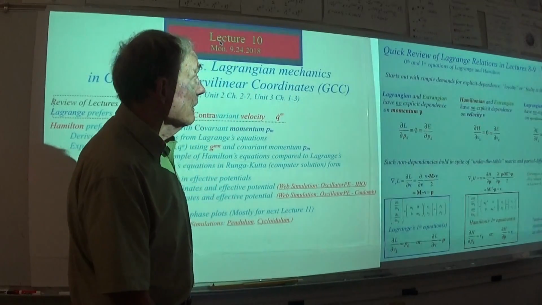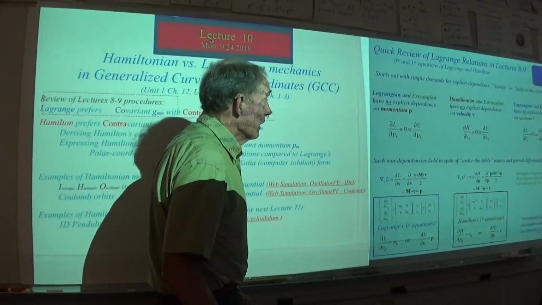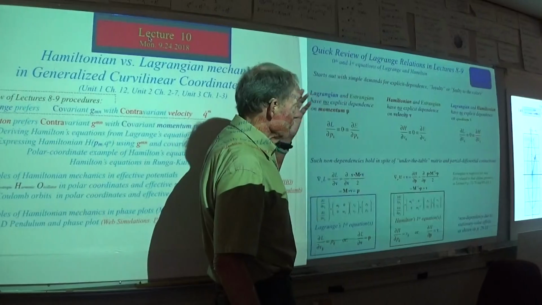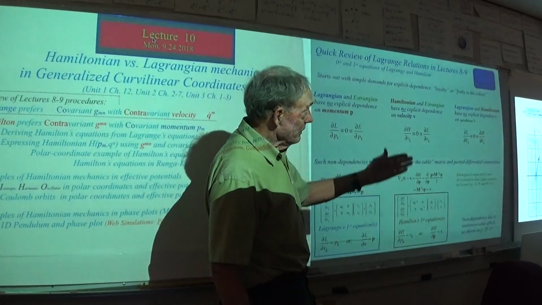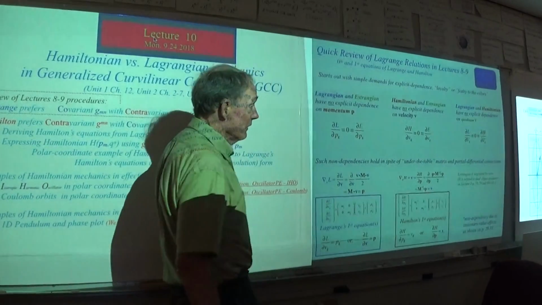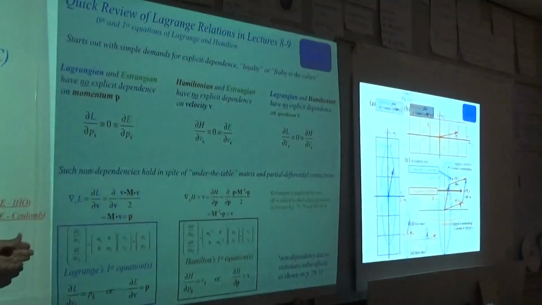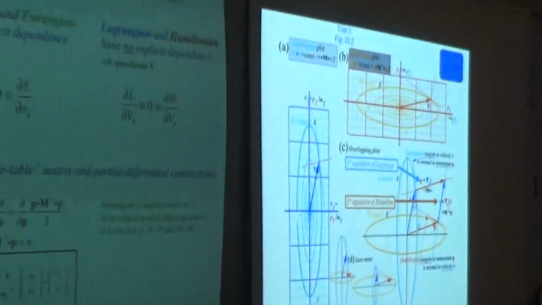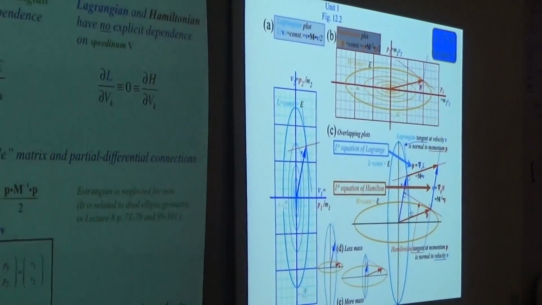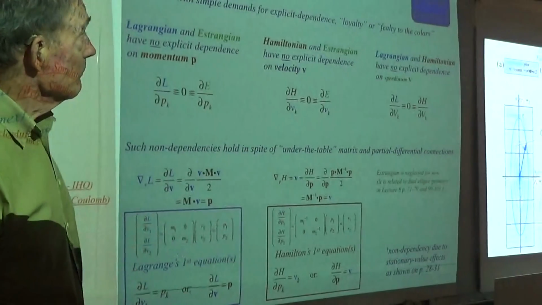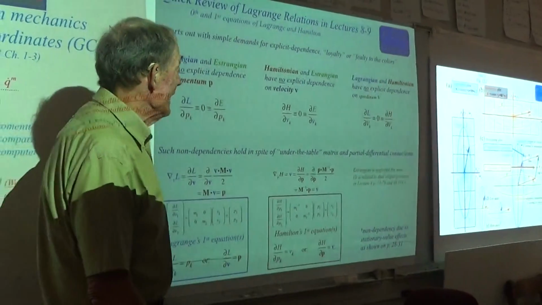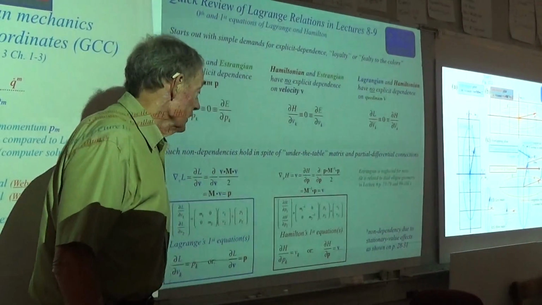Okay, so just to review things, we've already had differential relations that we eked out of the geometry, on the right-hand screen there, and the equations that go with them for the Lagrangian and the Hamiltonian were on this page in lecture 8, and again in lecture 9.